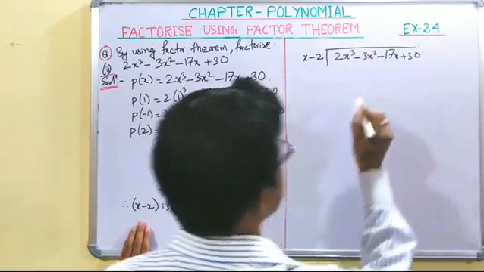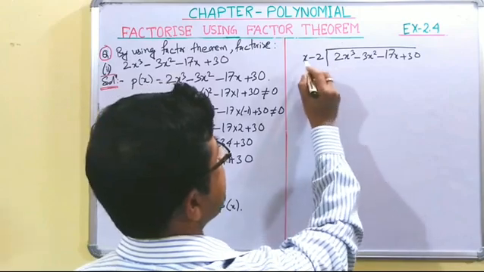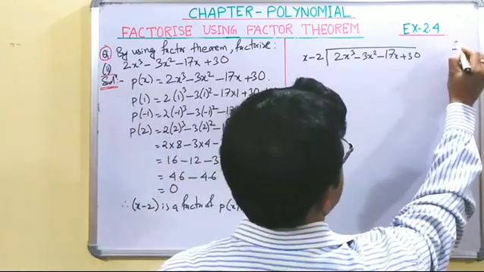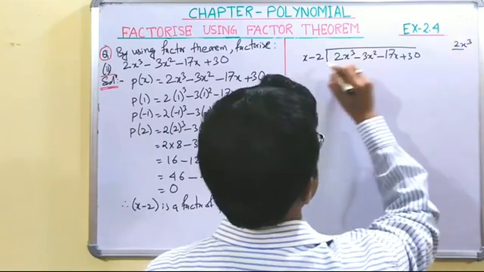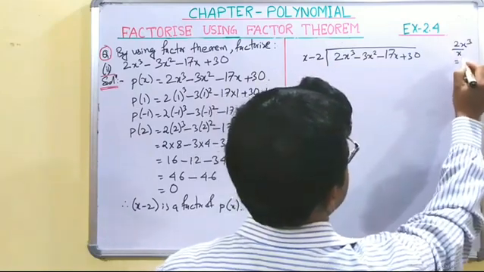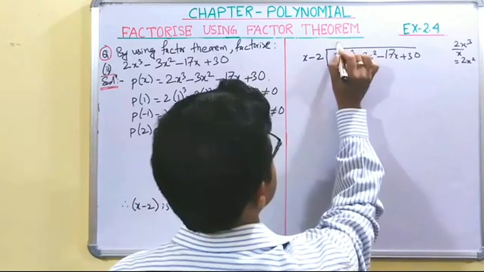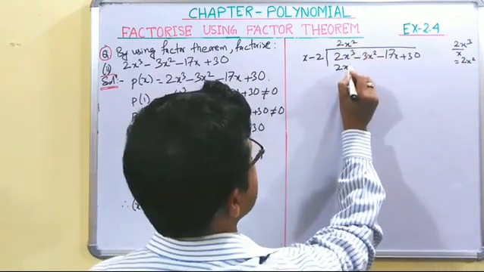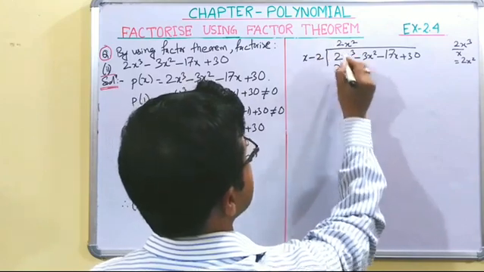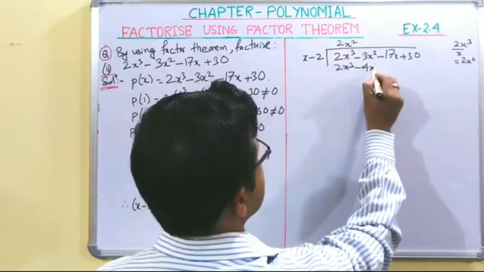Let us divide. So it is 2x cube by x. What do we put here? 2x cube divided by x, how much is it? Twice x square. So let us write 2x square. 2x square into x is 2x cube, minus 4x square.